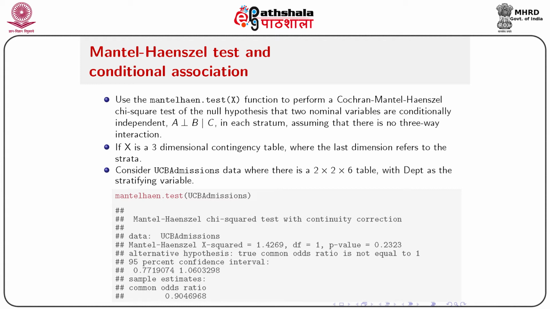X is a three-dimensional contingency table where the last dimension refers to the strata. Consider the UCB admission data, which is a 2 by 2 by 6 table with department as the stratified factor.